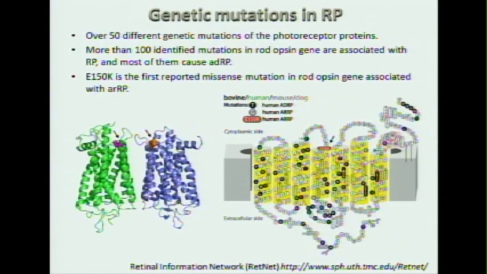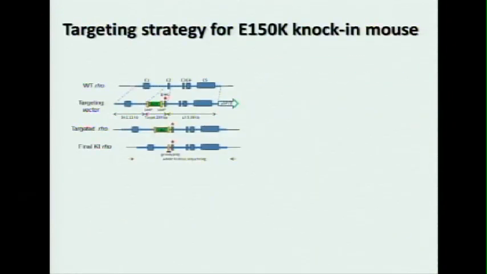The E150K mutation redistributes the charge of rhodopsin, causing positive charge accumulation at the membrane surface of the cytoplasmic side. To better understand the pathogenesis and design possible treatment for retinitis pigmentosa, we generated the E150K knock-in mouse.